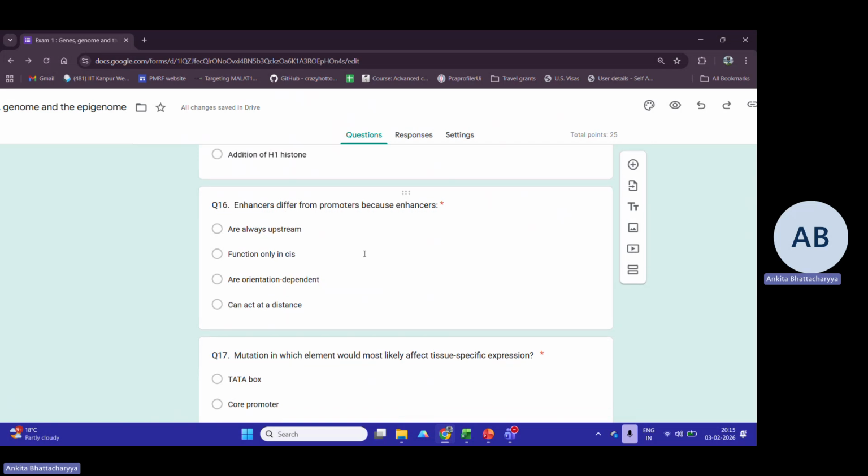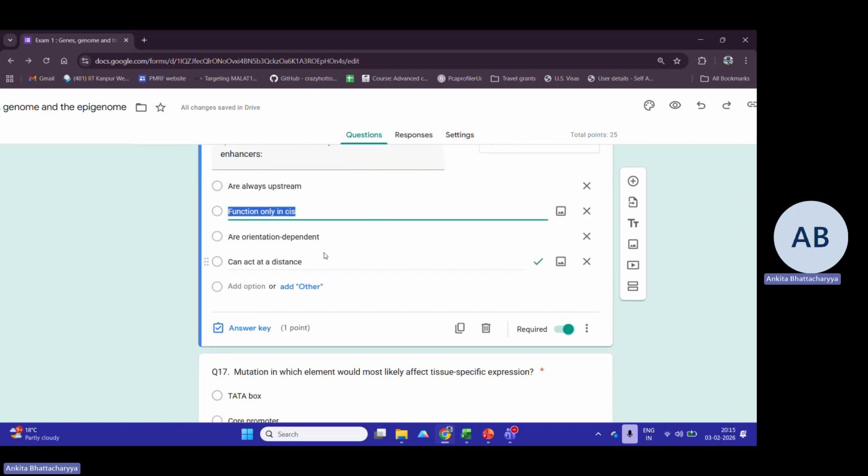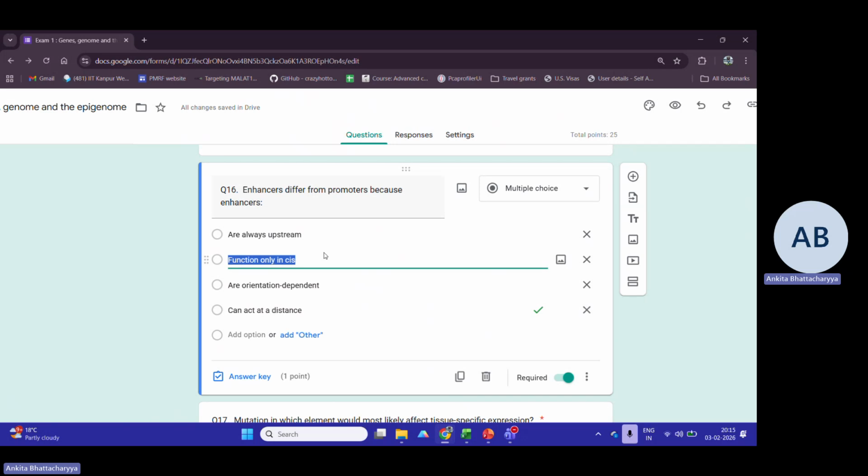Enhancers, they differ from promoters. Why? Is it because they are always upstream? Is it because they function only in cis? Or is it because of orientation difference, or they can act at a distance? The answer is that they can act at a distance. A promoter needs to be right next to the gene because that is for recruitment and for appointing the RNA polymerase, telling it that this is what you need to focus on and this is your next target.